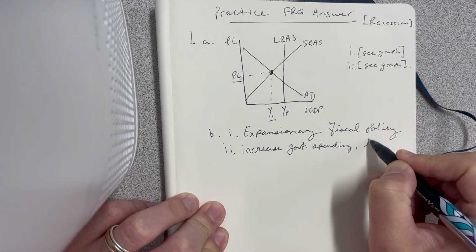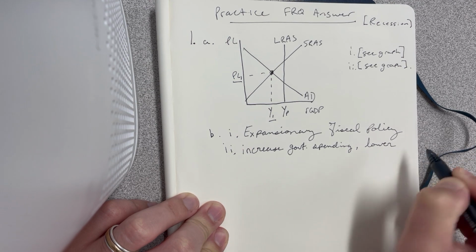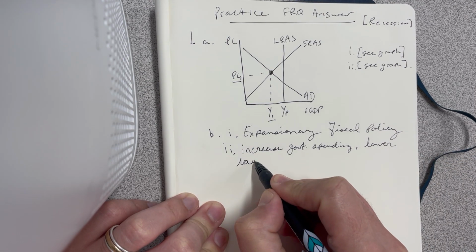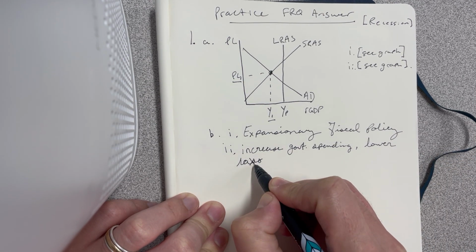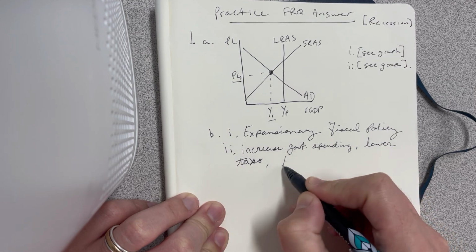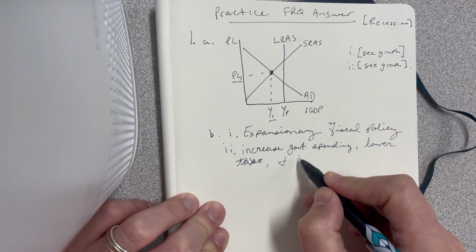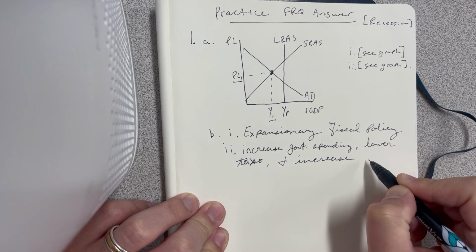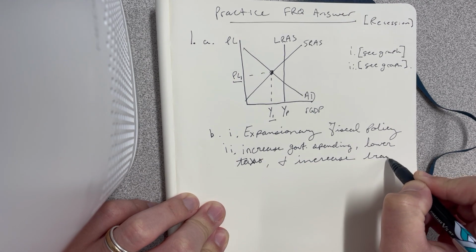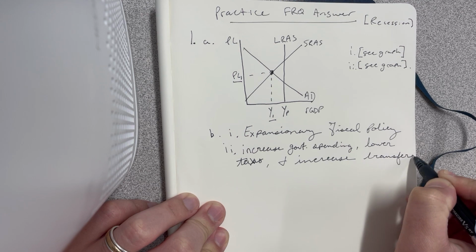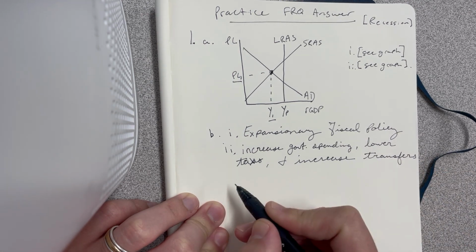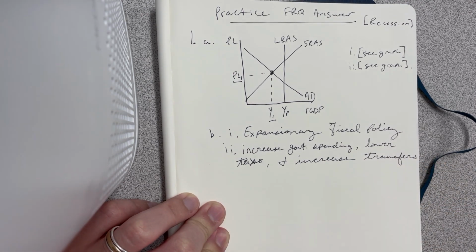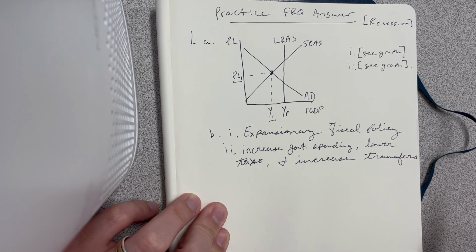They could lower taxes, and they could increase transfers. All right. Any of those 3, 2 out of those 3 would have worked as a response here. You're just listing it out, so that's it.